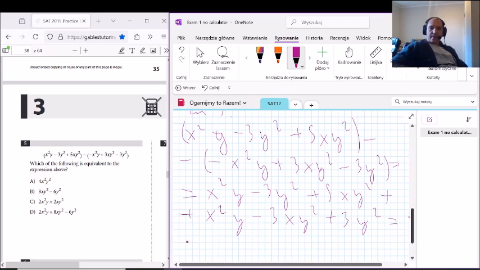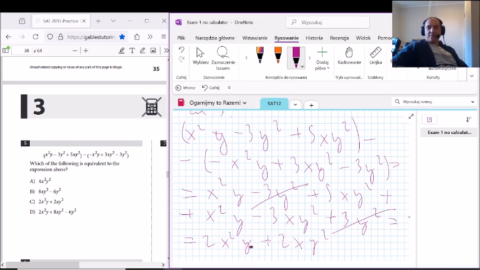And now we check what we can simplify. Minus 3y squared plus 3y squared cancels out. X squared y plus x squared y is 2x squared y. 5xy squared minus 3xy squared is plus 2xy squared. Of course, we cannot add those two terms because they are not the same.